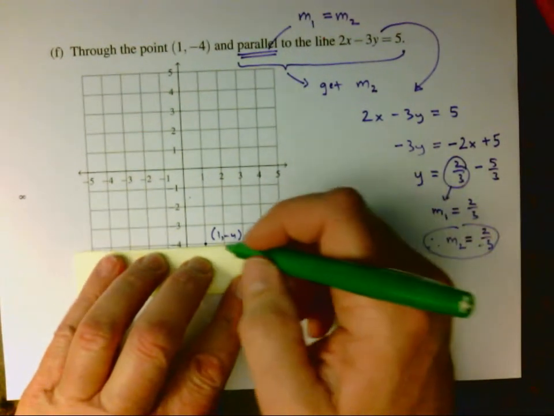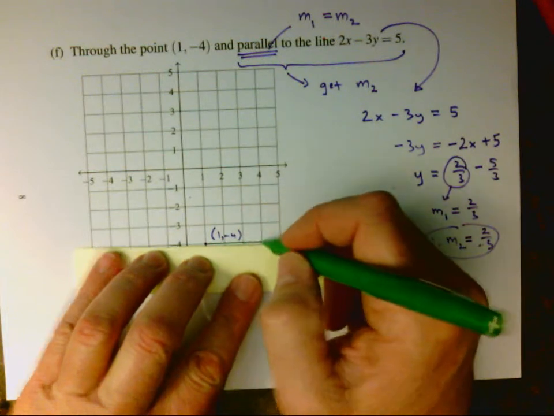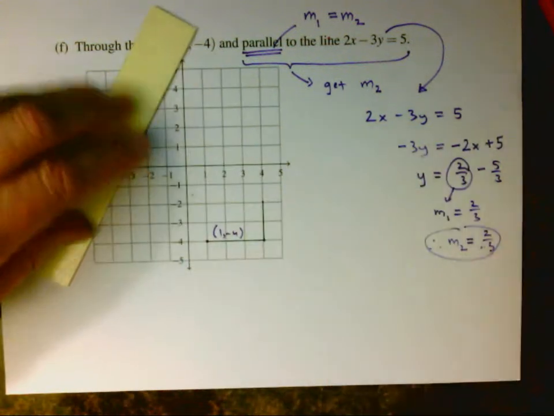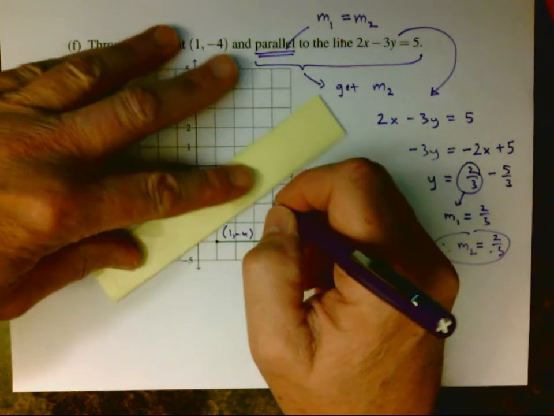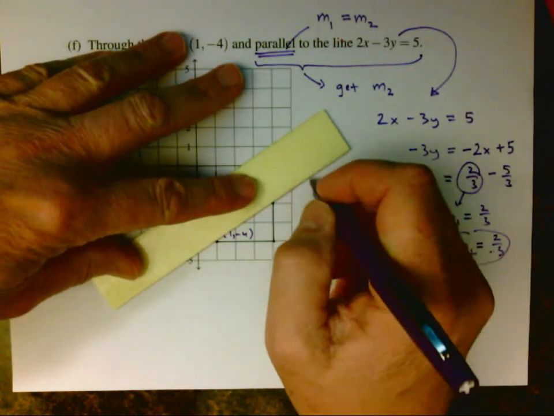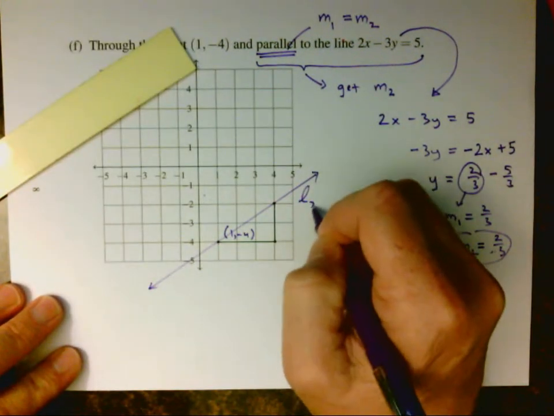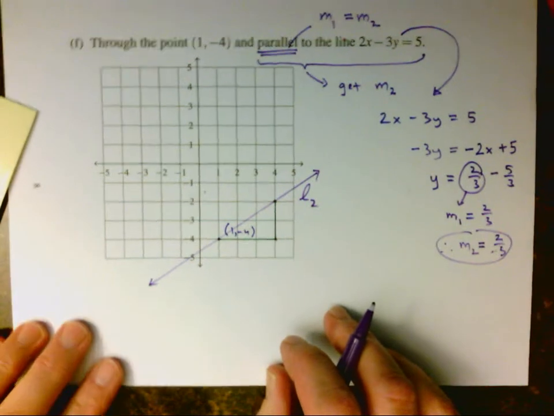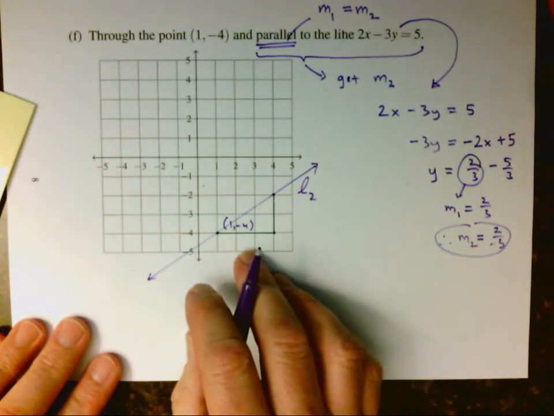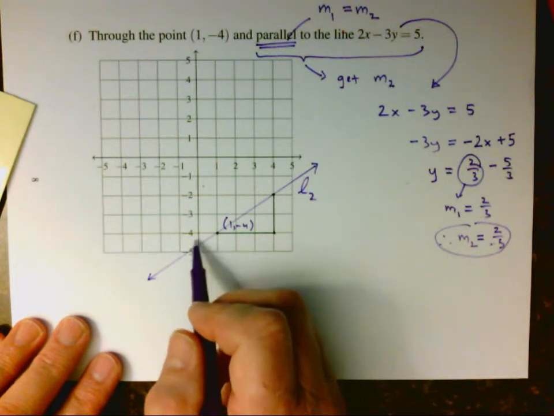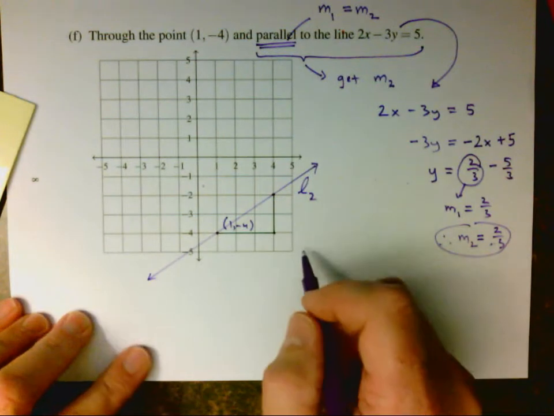So I'm drawing a slope triangle here. Over 3, up 2. That graphs our line for us. So this is the second line, and we simply need to have its equation. It looks like the y-intercept is going to be approximately 4 2/3. So we can use this graph to check ourselves when we get done.